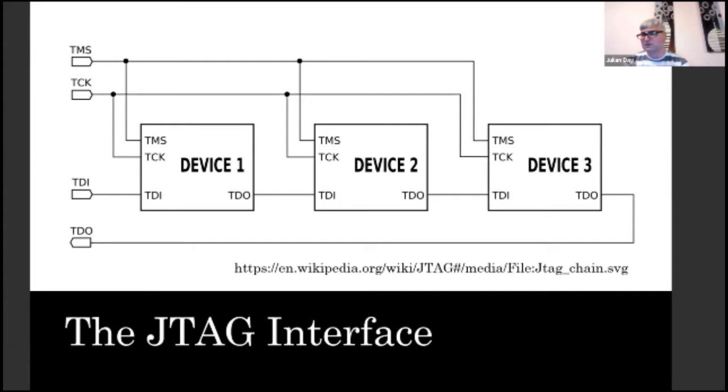The TMS, which is your mode select, controls your state machine, which I'll come on to in a little bit. Then you've got your clock, a data in and a data out pin. So essentially it's a synchronous serial interface with a couple of extra channels. You daisy chain the test data in to the test data out on each device and back into your controller, and TMS and TCK are bussed across all your devices.